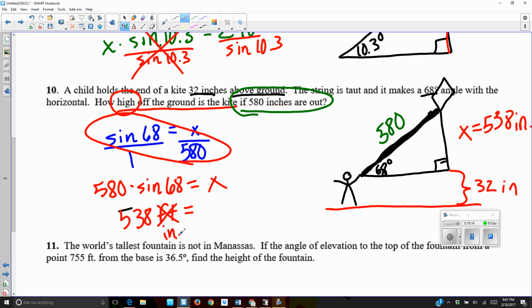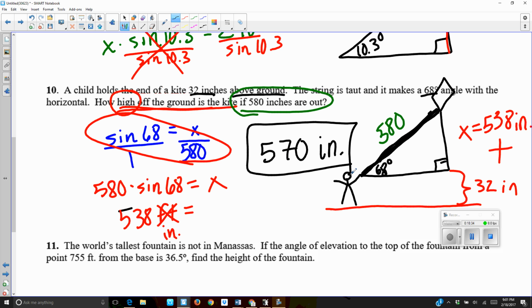So the question says, how high off the ground is the kite? You have to take 538 and add 32 to actually get the height off the ground for this problem. So 538 plus 32 should be 570. So the kite is 570 inches vertically off the ground.